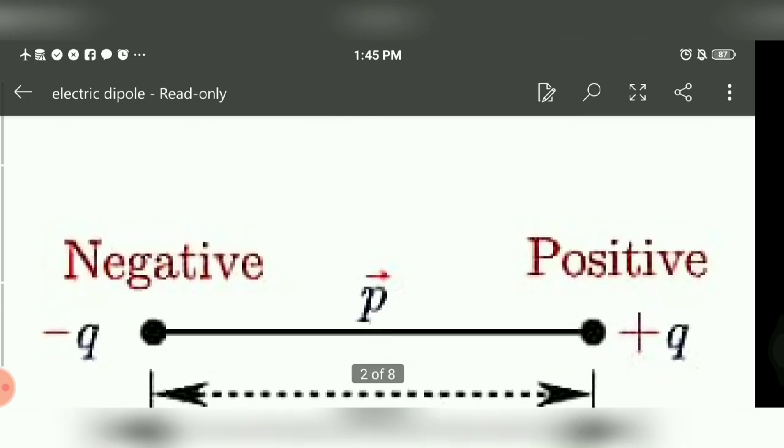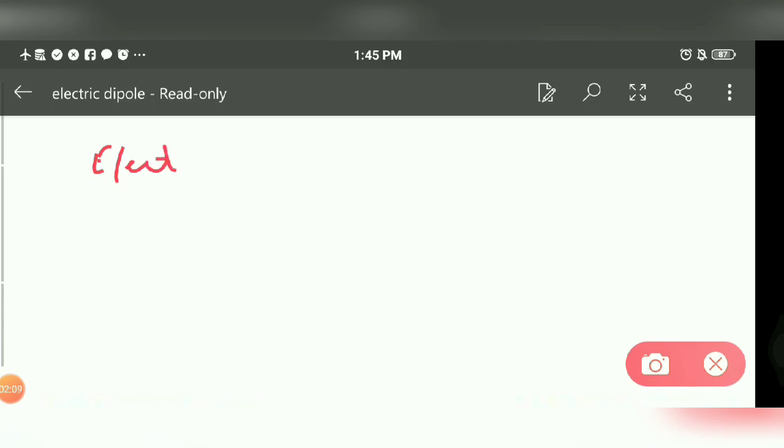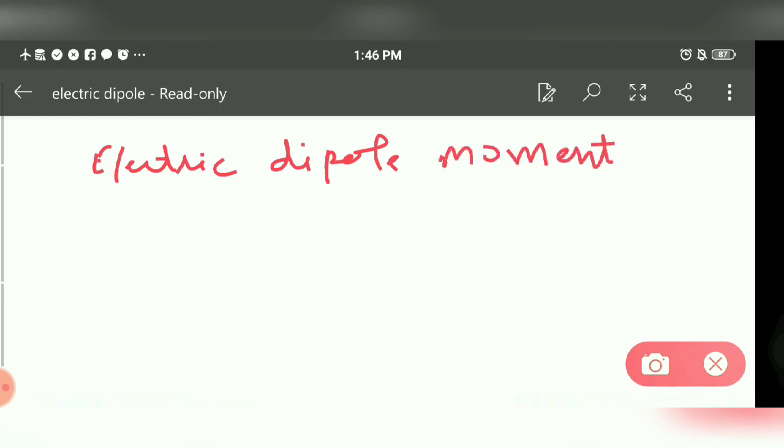Now next is electric dipole moment. What is electric dipole moment? Electric dipole moment is represented by p vector.